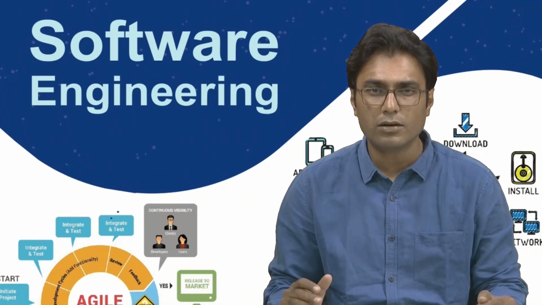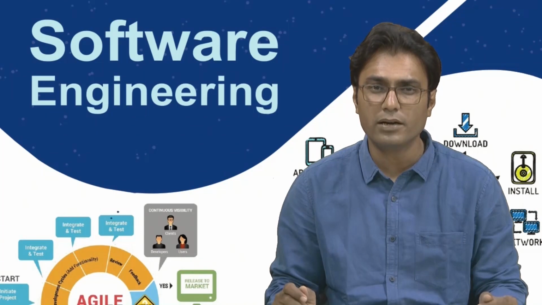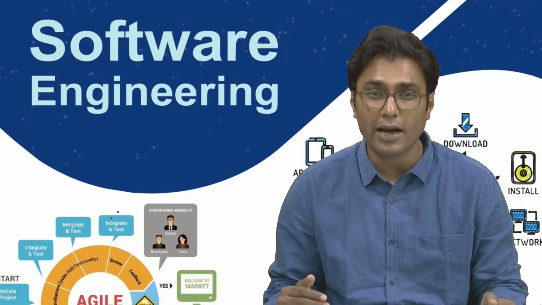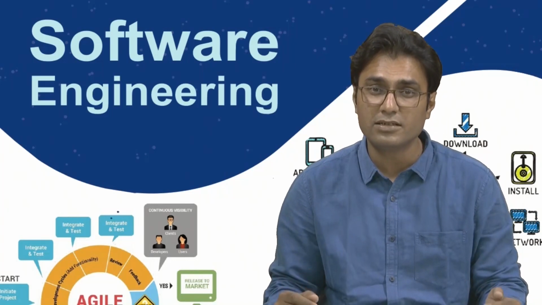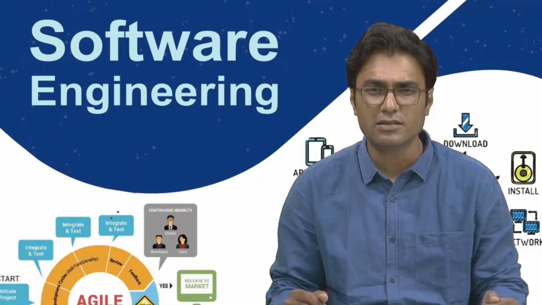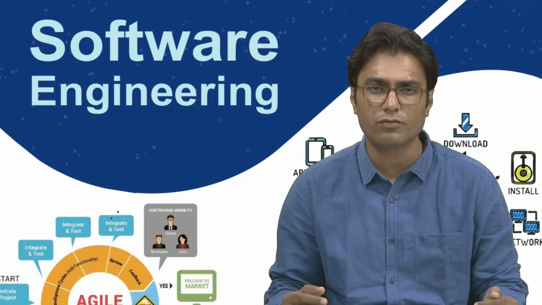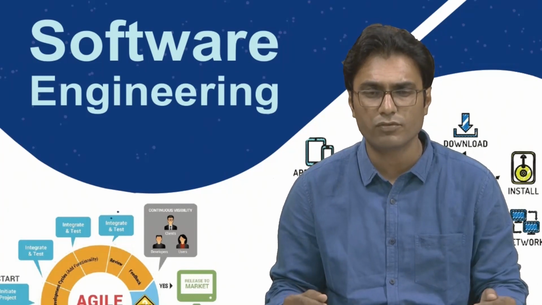The intent of software engineering is to provide a framework for building higher quality software. Software engineering is a discipline that integrates process, methods and tools for development of computer software.